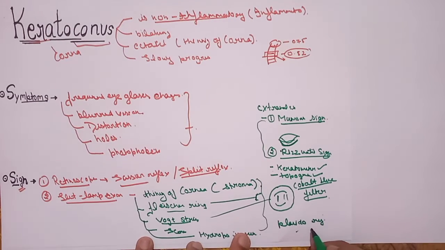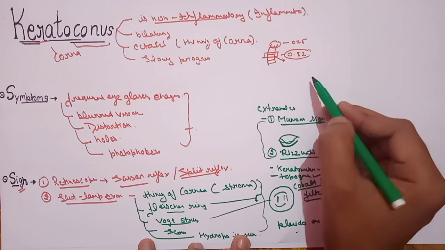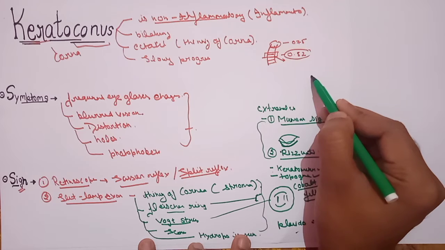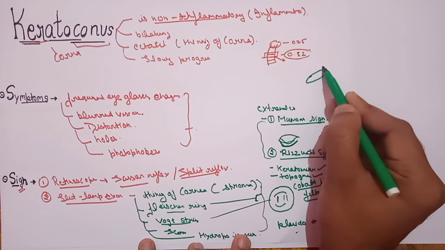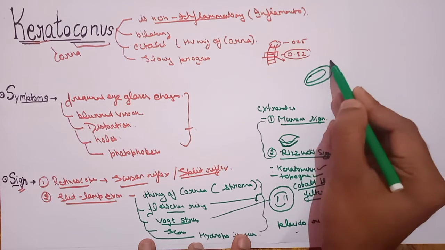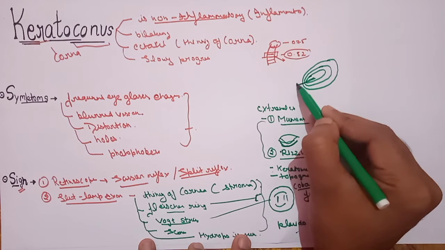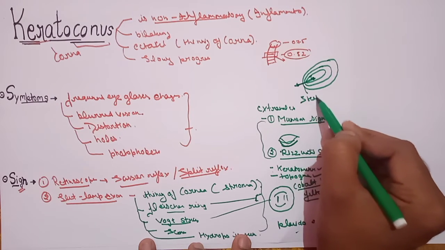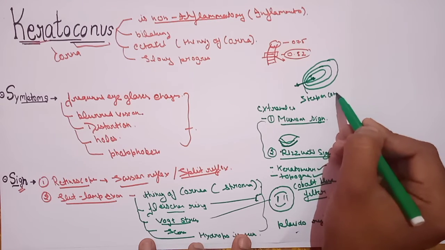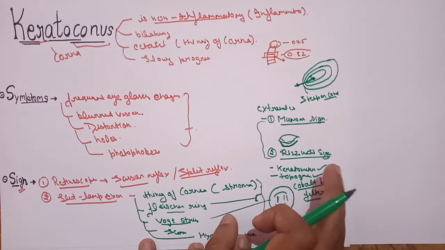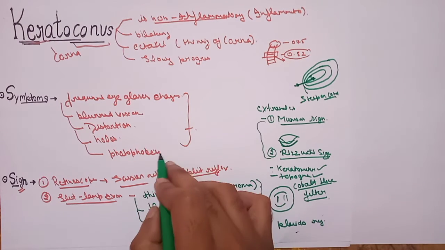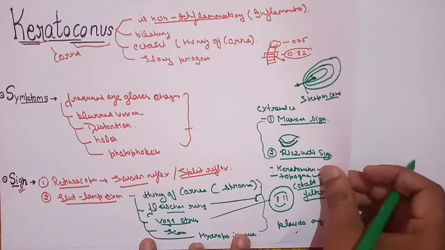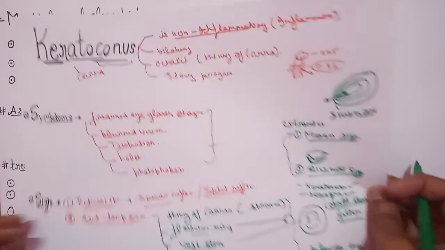What is a pseudo-ring or pseudo-disc? The rings are very close together like this. This is a very steep condition. So these are the signs and symptoms of a keratoconus patient.